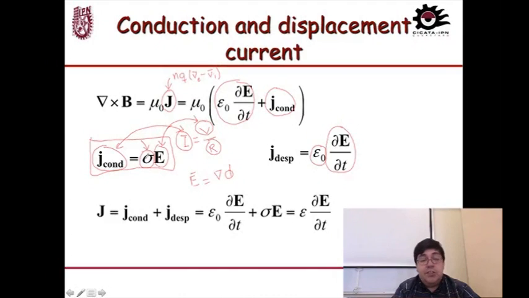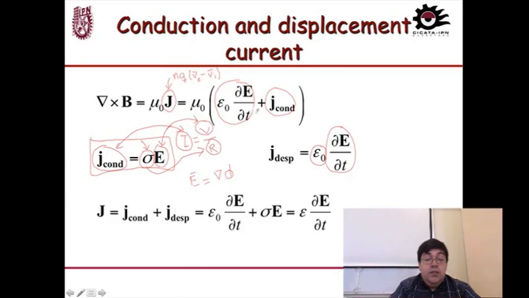The conductivity is just the inverse of the resistance. The more resistive the material is, the less conductive it is. So these two are just the inverse of each other. And there you have it. I have done the analogy between these definitions for the conduction current and Ohm's law.